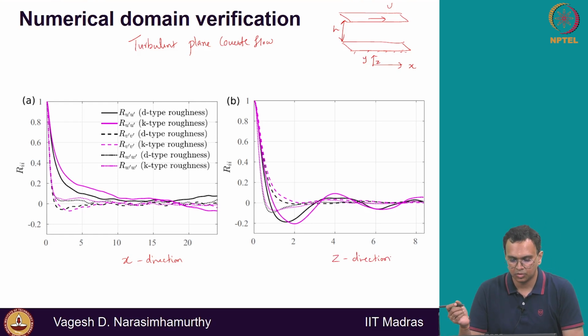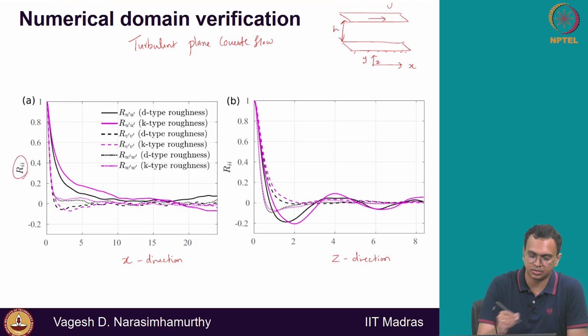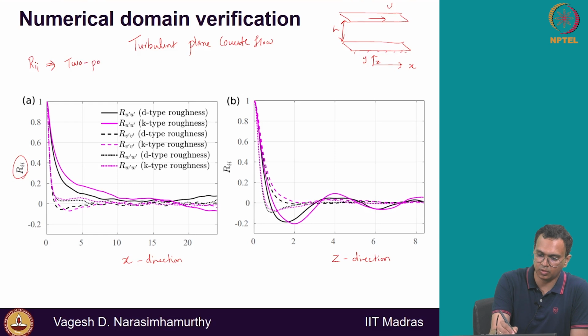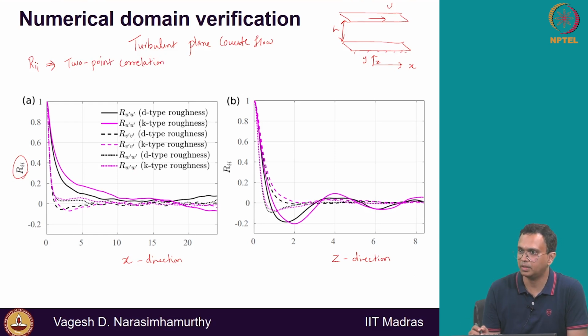Now I'm looking into what is called the two-point correlation. This R_ii is nothing but the two-point correlation that we looked at when we did theory. I have plotted it for all three components U, V, W.